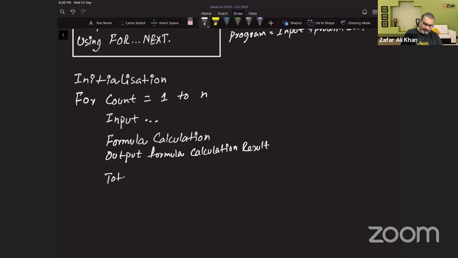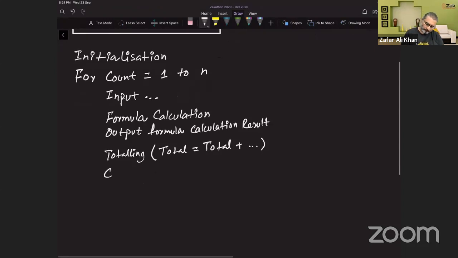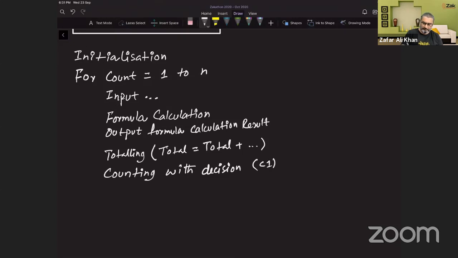Then if the question requires us to total something, we do totaling. How do we do totaling? We have a variable called total, and to its previous value we add a new unknown value that we have input. And sometimes we do counting. And this is called counting with decision. Let's call it C1. Counting with decision is C1.